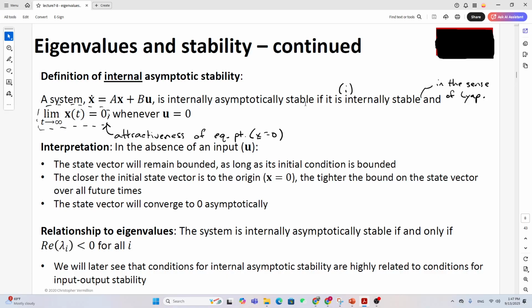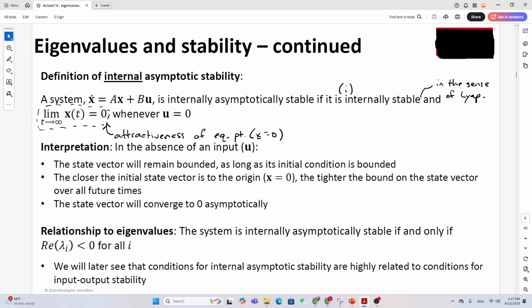Asymptotic means you have damping in the system, and because of the damping your system will always converge to 0. That's why we say x of t, when t approaches infinity, equals 0. It doesn't really matter what initial condition you give, right?